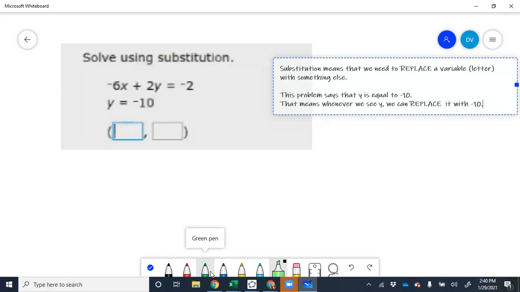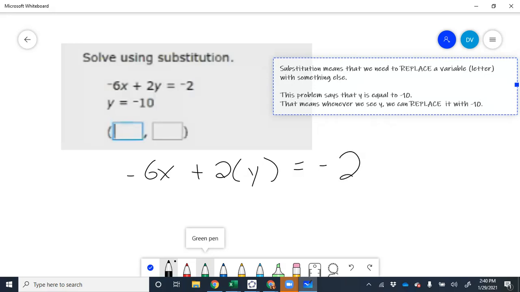Okay? So now we have to go to the other equation. The other equation, I'm going to write it down. The other equation says -6x plus 2 times y is equal to -2. Doesn't that say that?